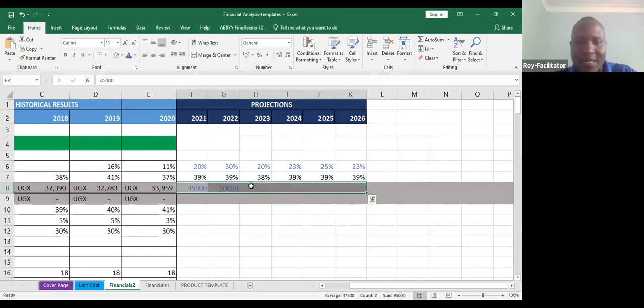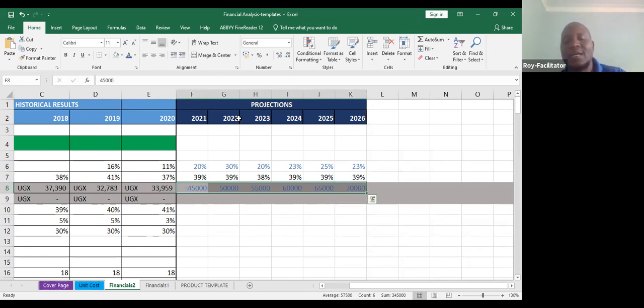It's just a standard practice. Here I'll put 55, just increasing by 5K. 60,000 here, 65,000, here 70,000. Okay. These are fixed costs.